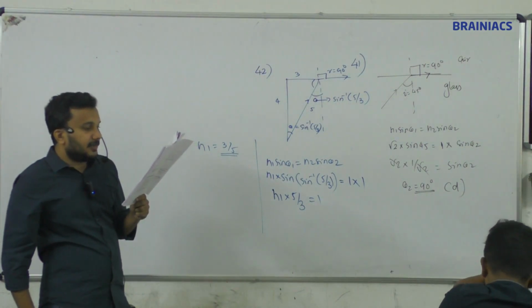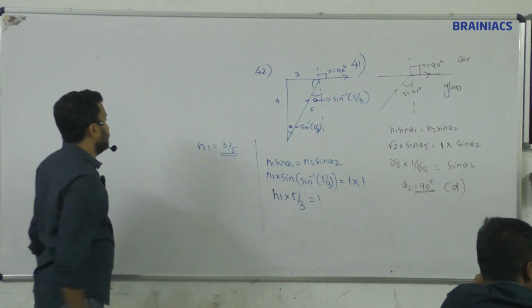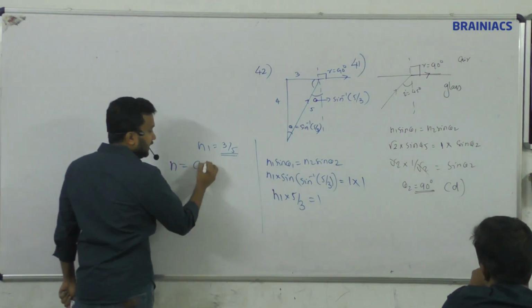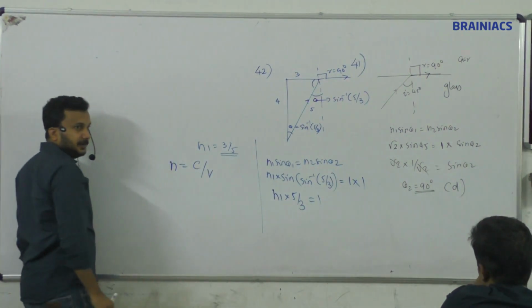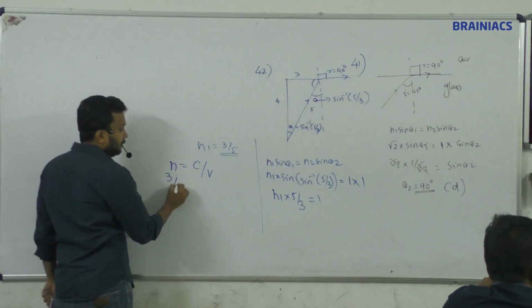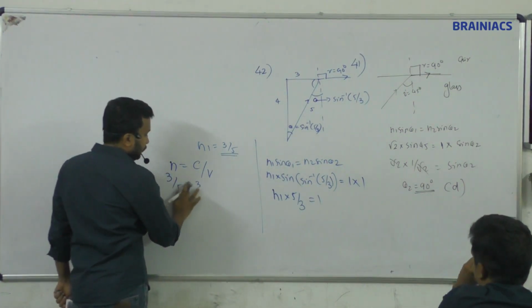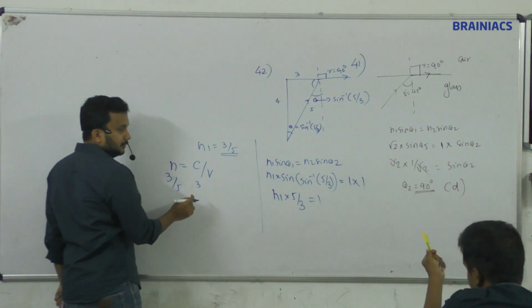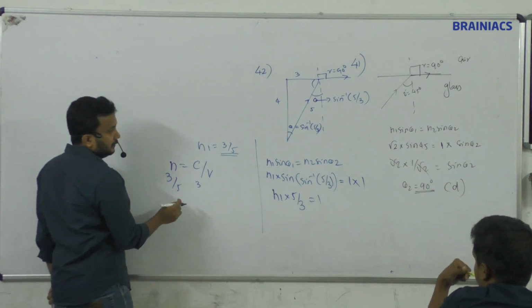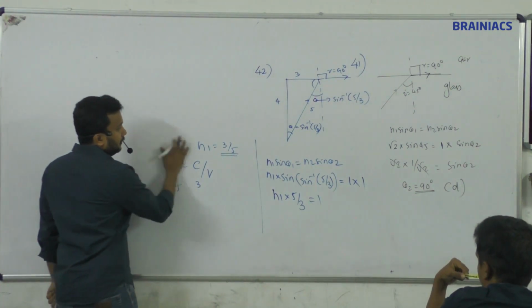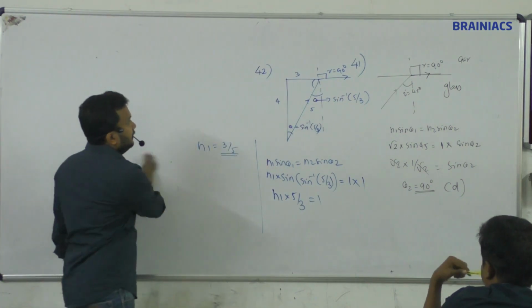They are asking how fast is the speed of light. So refractive index is c by velocity. The refractive index is 3 by 5.